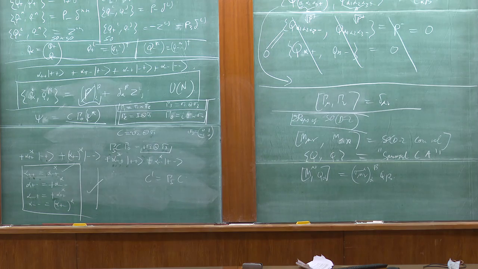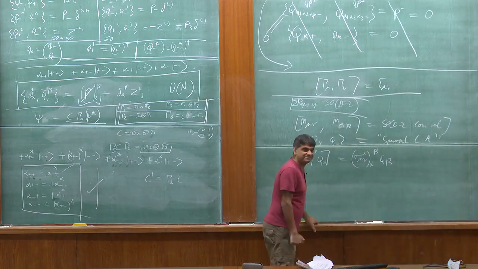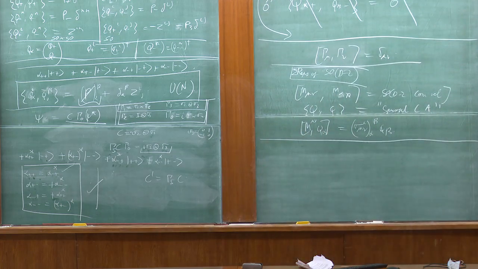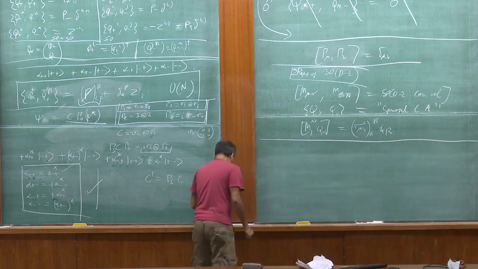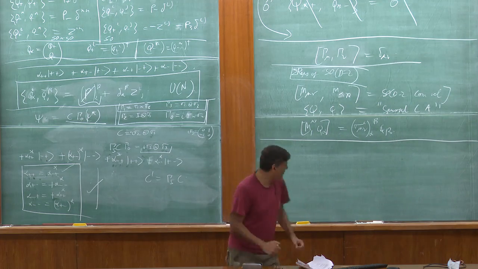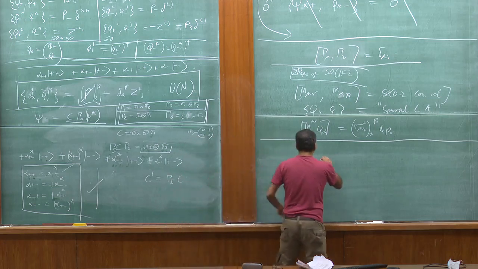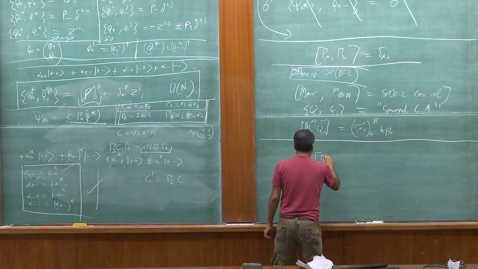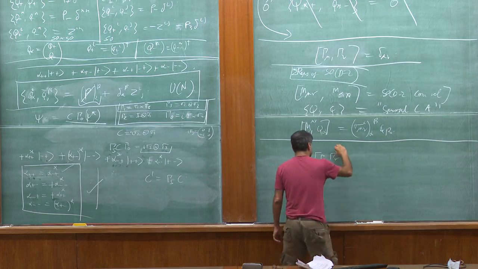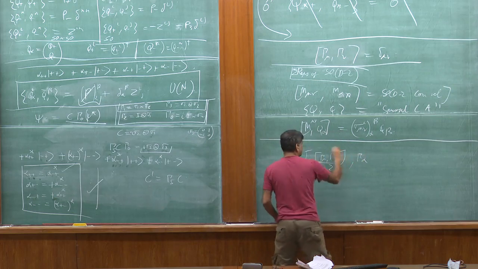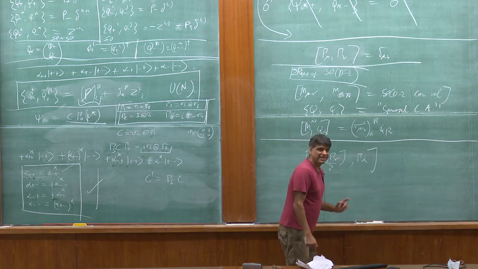What we do is the following. Let us remind ourselves that the gamma matrices, the commutator of M mu nu with gamma alpha, had vectorial type representations.